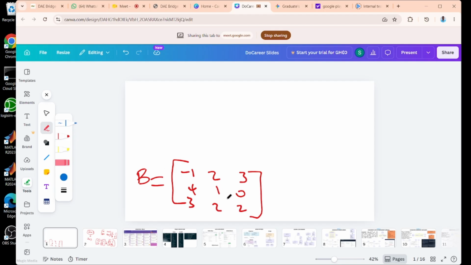So 1 times this: that will be 2 minus 0, that's 2 times negative 1, which is negative 2 for the first one. Then for the middle one, that will be 8, 8 times 2, that's 16, negative 16.